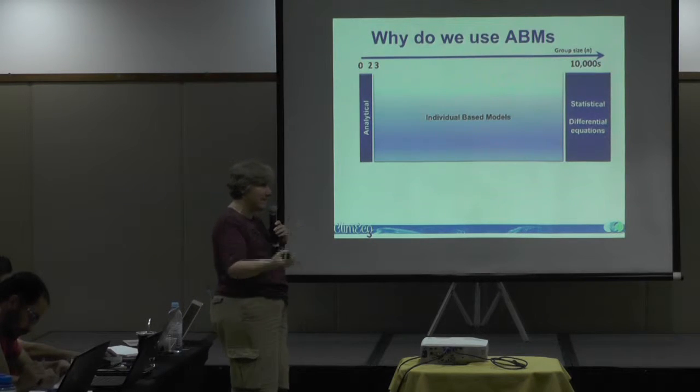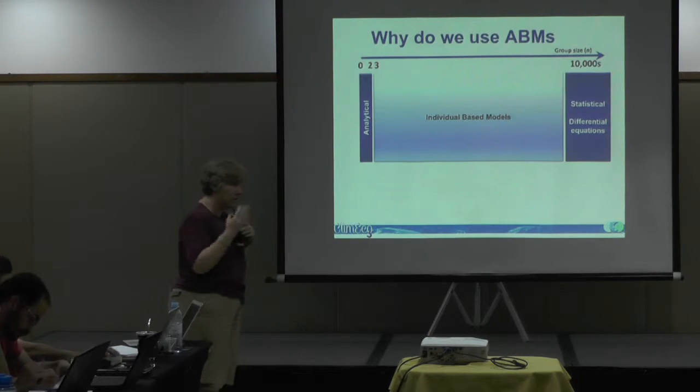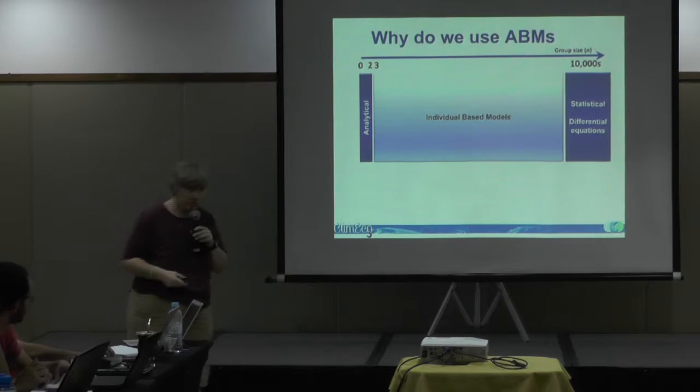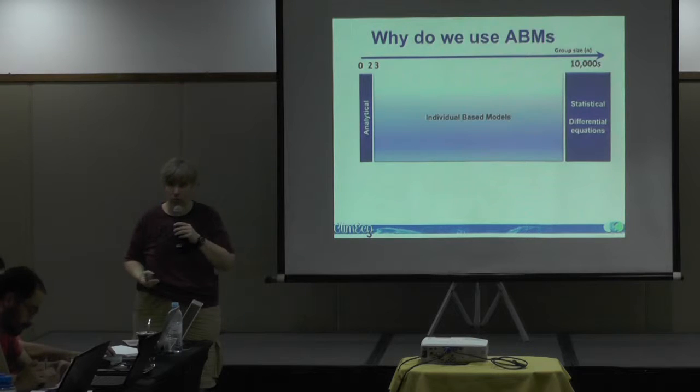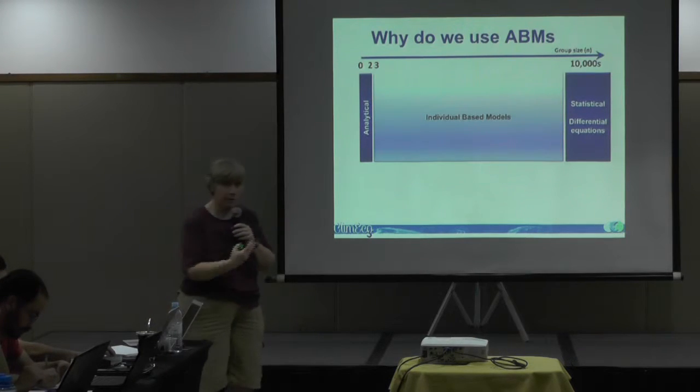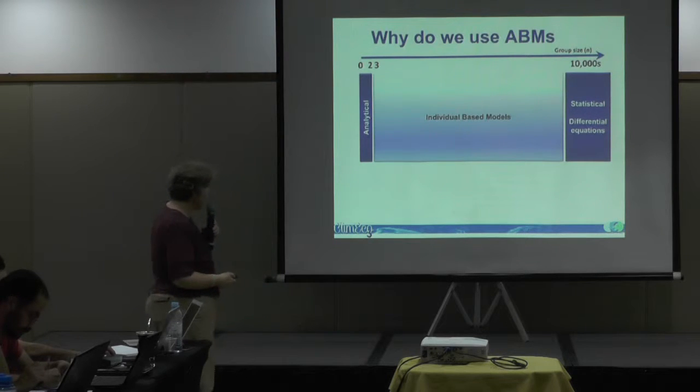So when there's tens of thousands of individuals involved, those models work really well. There's this messy bit in the middle where traditional forms of mathematics don't cope. And that's where agent-based models really come into their own as being a useful approach.